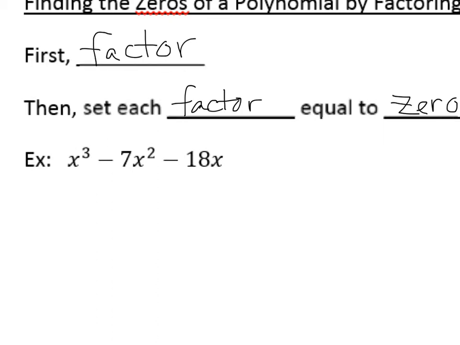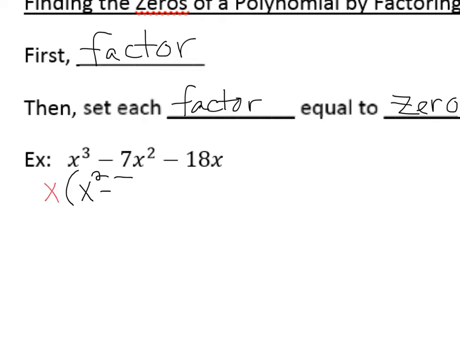So if I look at my first example, we have an x cubed, which we haven't really learned how to factor, but each of the other 2 terms also have an x, which means there is a GCF. They each have an x, so the first thing I'm going to do is take that x out. Well, if I take an x from x cubed, that means I'm going to have an x squared left, because it's like we subtract 1 from that exponent.